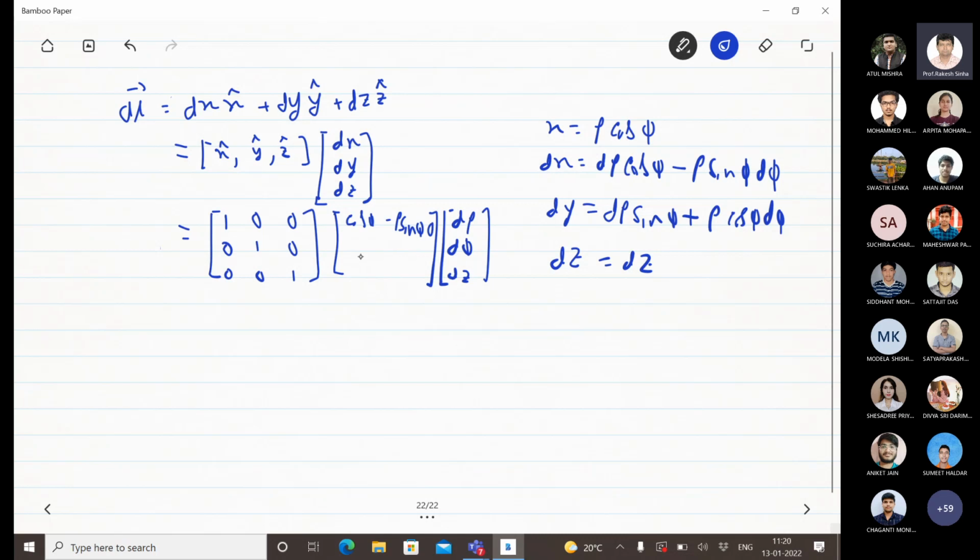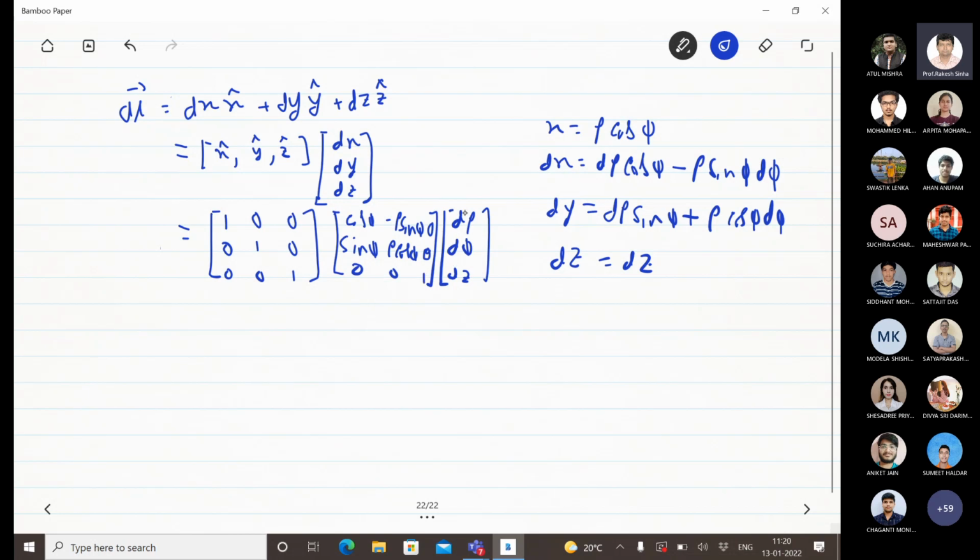Then here you have sin phi, then rho cos phi, and then 0. And the last row is 0, 0, 1.